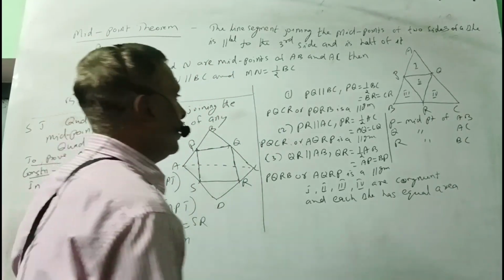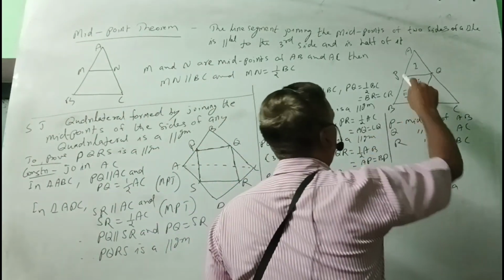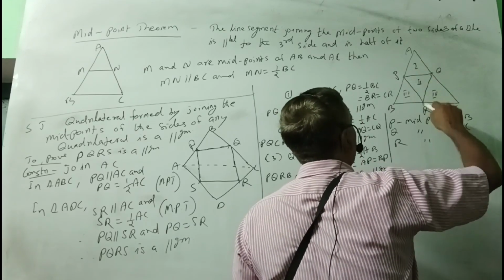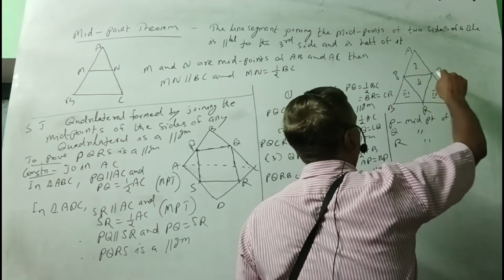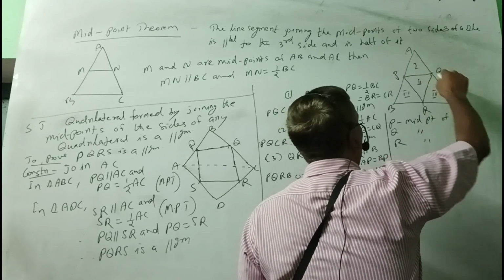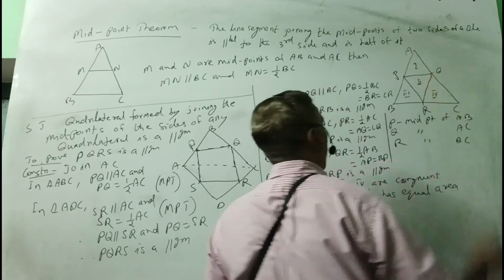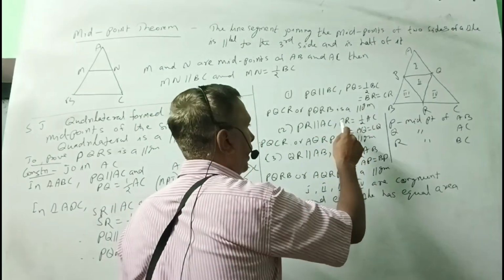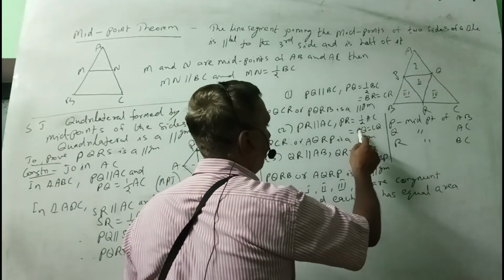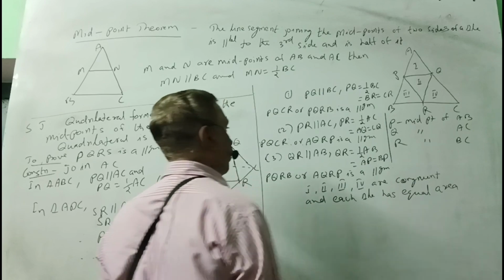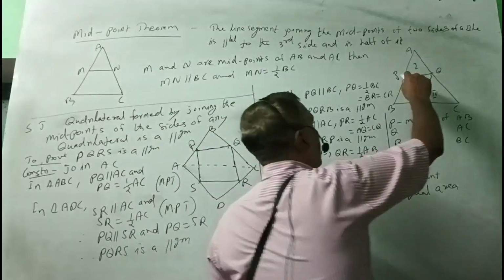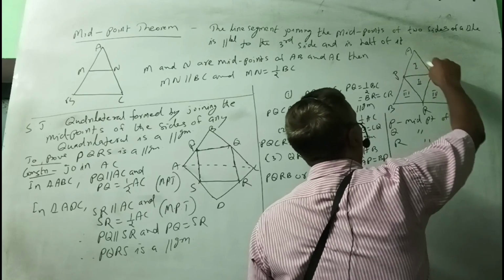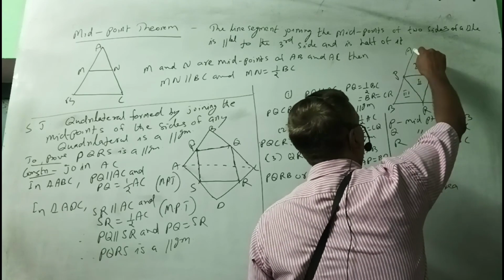Then it's a parallelogram. Similarly, you see PR is parallel to AC and PR is equal to half of AC. Half of AC is the same as AQ or CQ because Q is the midpoint. PR is parallel to AC by the midpoint theorem. So PR is parallel to AQ and PR is equal to AQ.